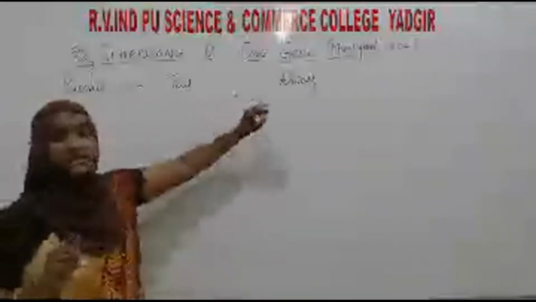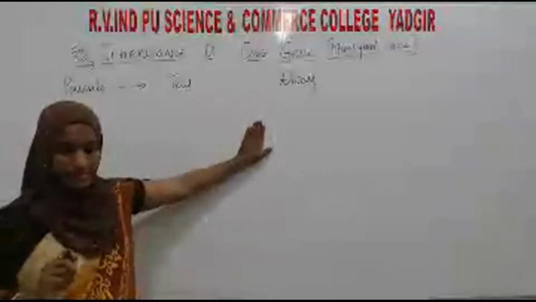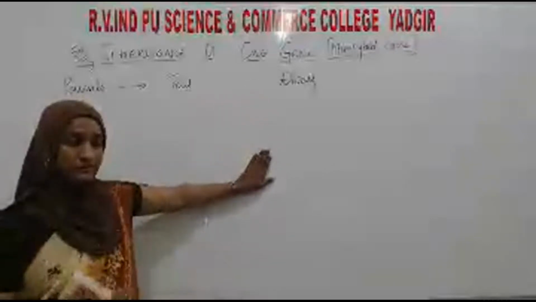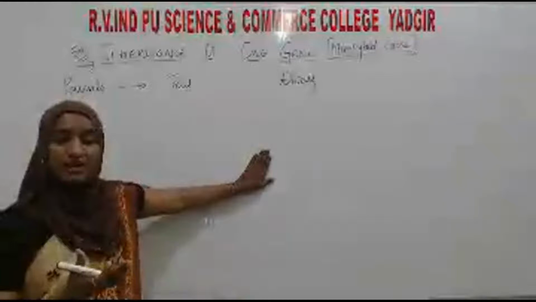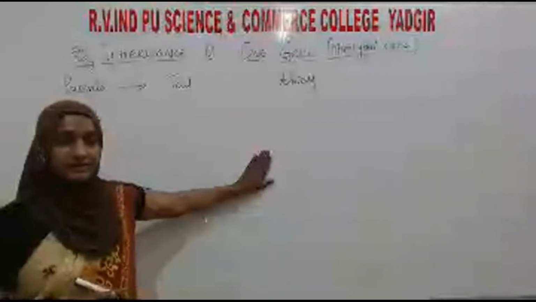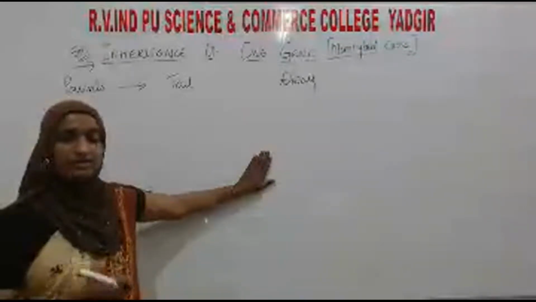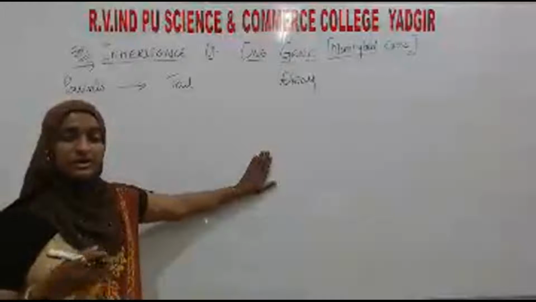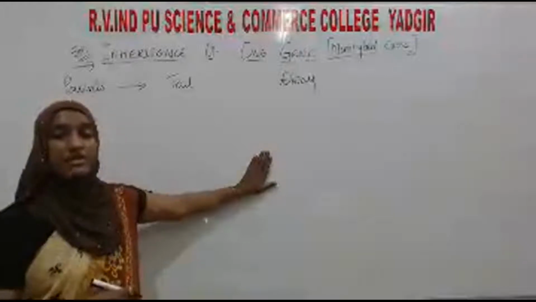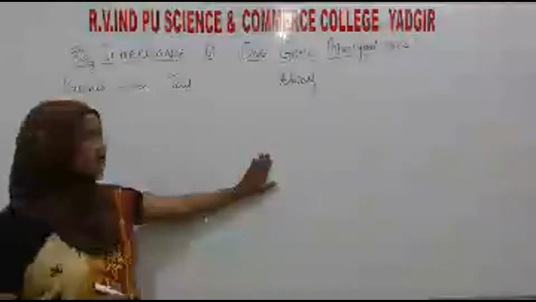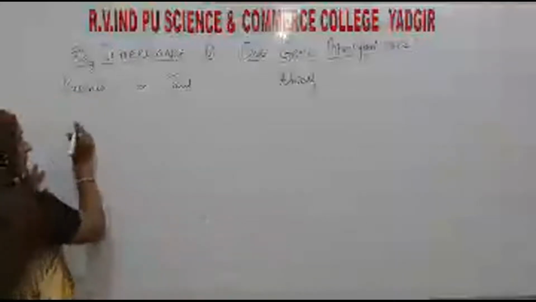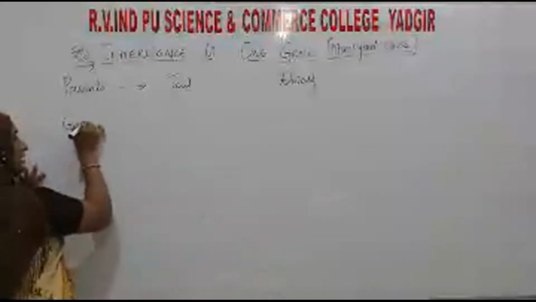Parents means he has taken two plants, one tall and another dwarf. They have flowers, so they will produce the gametes. If it is male it will produce the pollen grains. If it is female it will produce the ovules. So here the parents will produce the gametes.